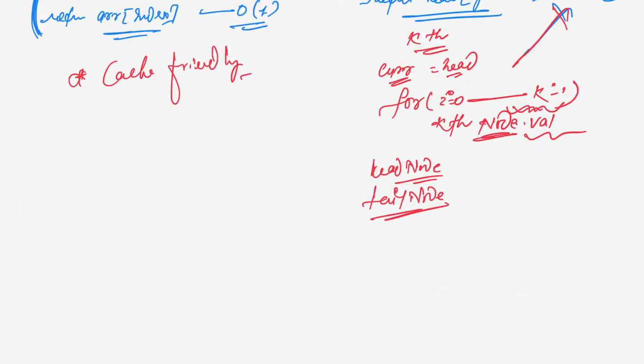Another thing is that there are many data structures implemented using the abstract signature of the linked list, like the list, stack, and queue, and those data structures have been created using the linked list.